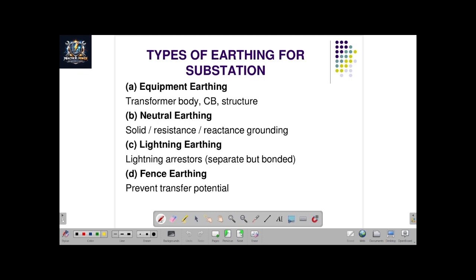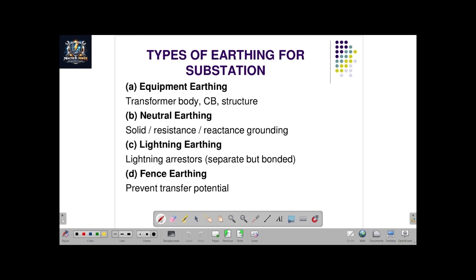Now we will know what are different types of earthing for the substation. First is equipment earthing: transformer body, circuit breaker, structure. Then neutral earthing for transformer: solid, resistance, reactance grounding. Lightning earthing, for lightning arresters.